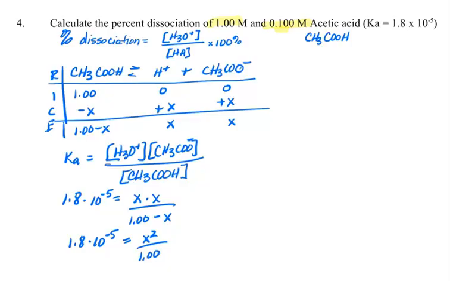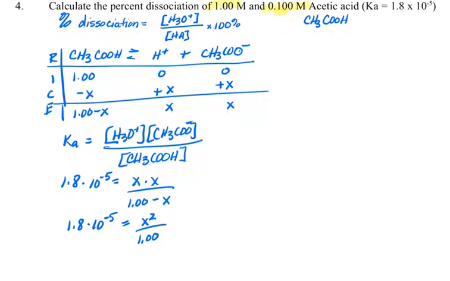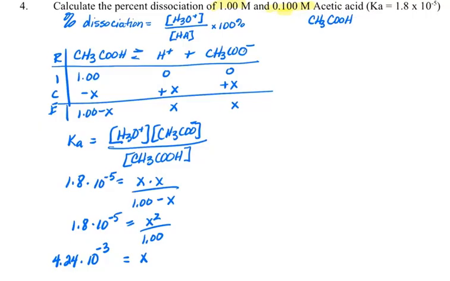So you multiply and square root, and that gives me an X value of, and as always, be sure you check my numbers, 4.24 times 10 to the negative 3, which is your hydronium ion concentration. And so now we need to do our percent.